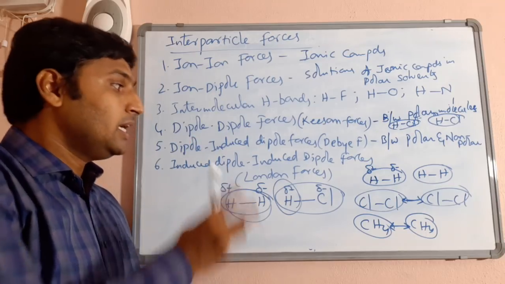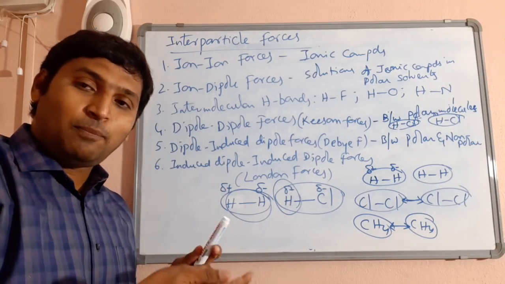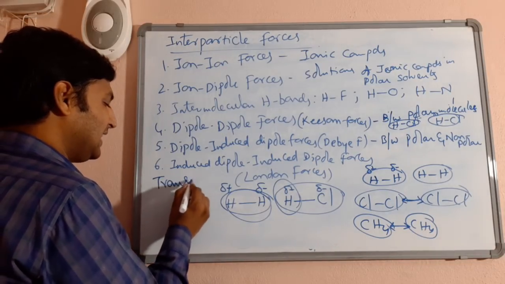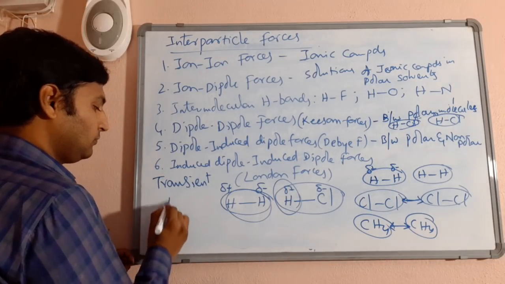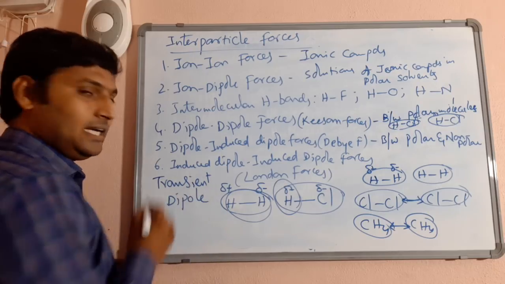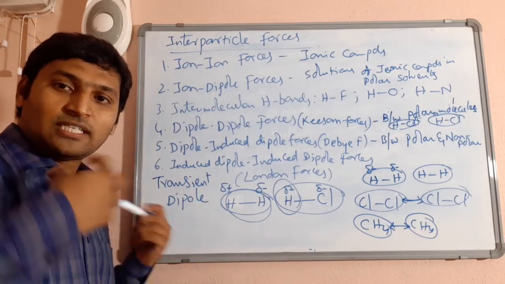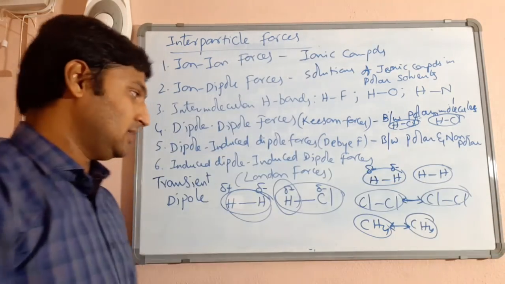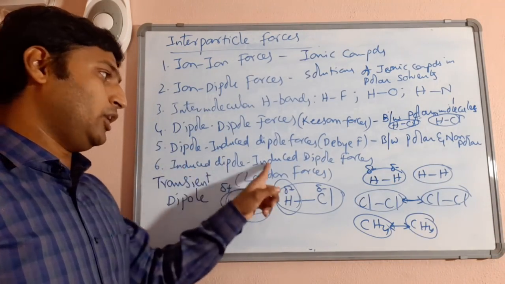Due to that, a dipole is created. The dipole which is induced in itself is called a transient dipole. The transient dipole induces a dipole in the other molecule. That's how you get an induced dipole.